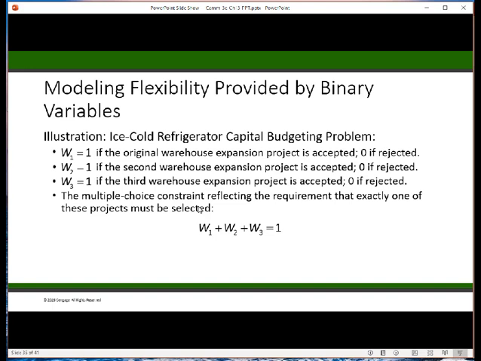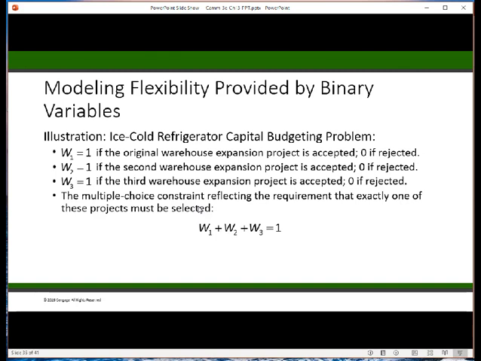So this was a multiple choice constraint that we might want to put into that. So we'd say W1 takes on the value 1 if the original warehouse expansion project is accepted, and 0 if it's rejected. Same for W2, the second project, and same thing with the third warehouse expansion project.